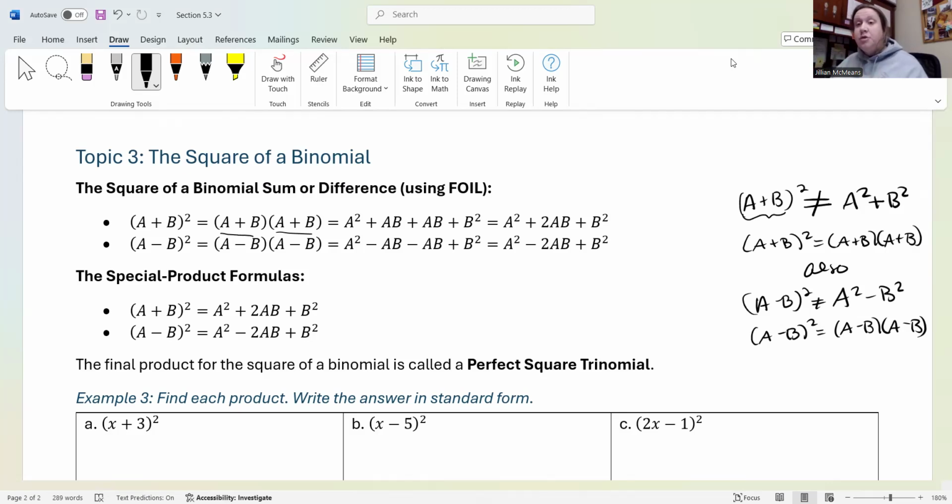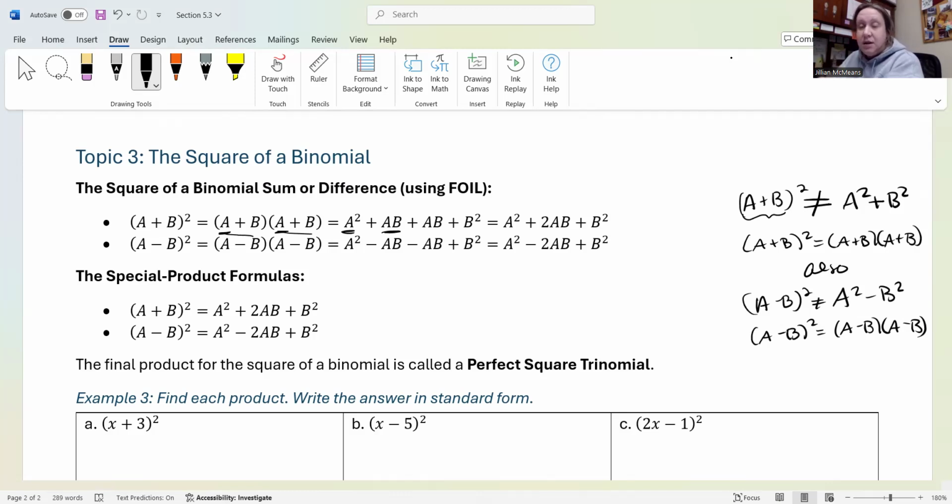Now, if we were to FOIL this out, we'll see a pattern emerge. If I have a plus b quantity squared, remember that's a plus b times a plus b. If I were to complete the FOIL method, I would take the first terms, which are the a's. Well, a times a is a squared. I would then take the outer terms, which would be a times b, so I get ab.